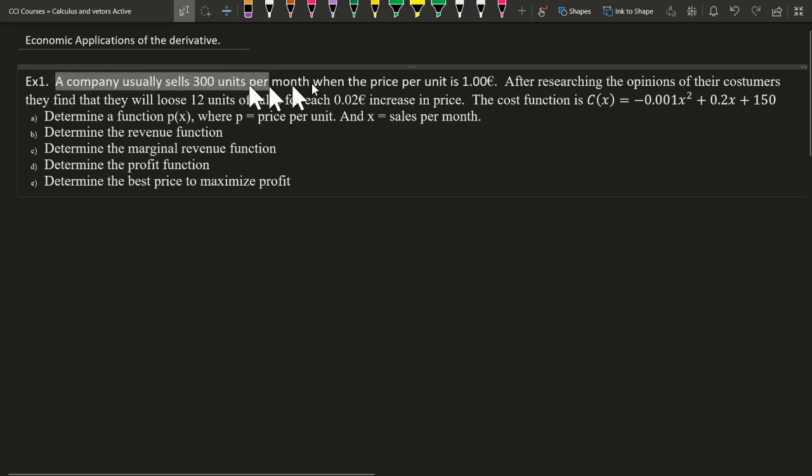So here it says a company usually sells 300 units per month when the price is about $1. After researching the opinions of their customers, they find that they'll lose about 12 units of sale for every 2-cent price change. And when they increase the price, they lose sales. Okay. That's the law of supply and demand or kind of thing.